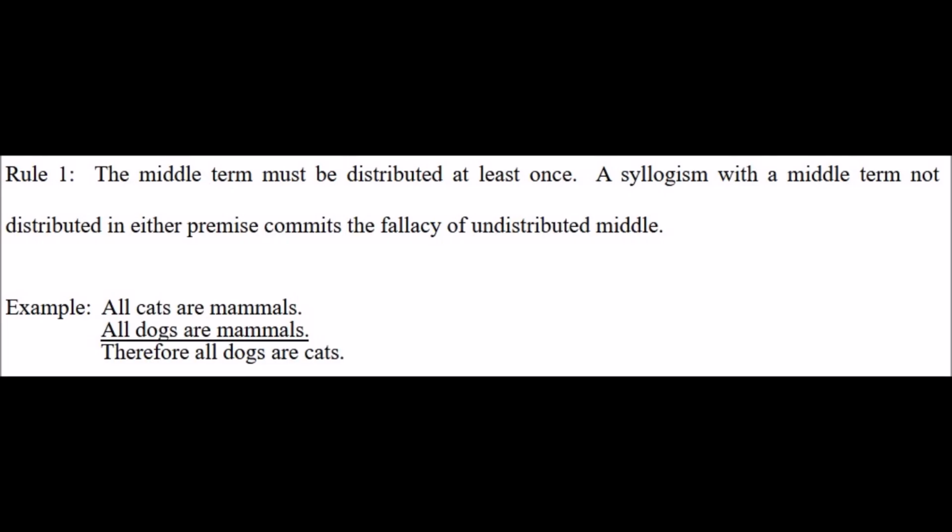Thus, in the following example, mortal is the major term, Socrates is the minor term, and men is the middle term. Okay, now for the rules and the fallacies. The middle term must be distributed at least once. A syllogism with a middle term not distributed in either premise, like the one at the beginning about the crows eating spaghetti, commits the fallacy of undistributed middle.